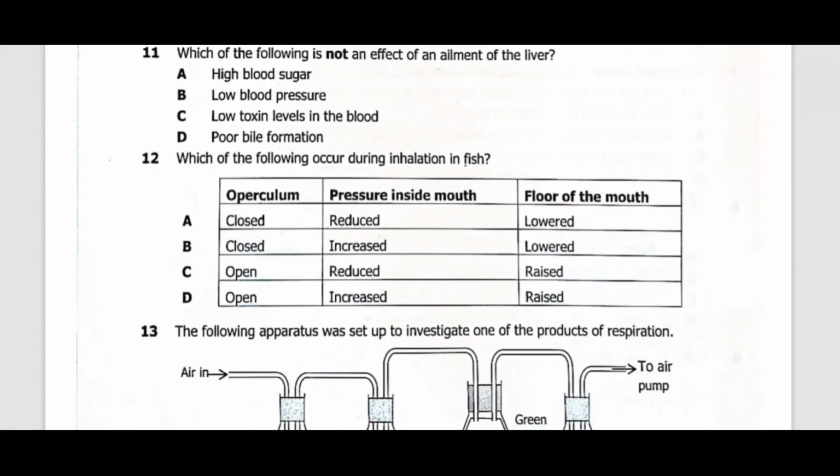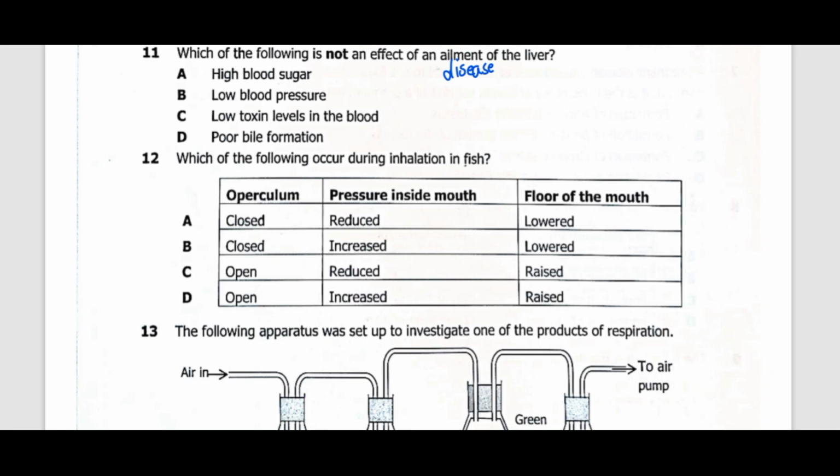Then question 11. Which of the following is not an effect of ailment of the liver? So with ailment, we are looking at diseases that affect the liver. Now let's look at the first one. High blood sugar, this is an effect. Low blood pressure is an effect.